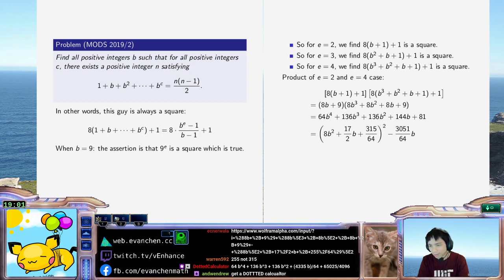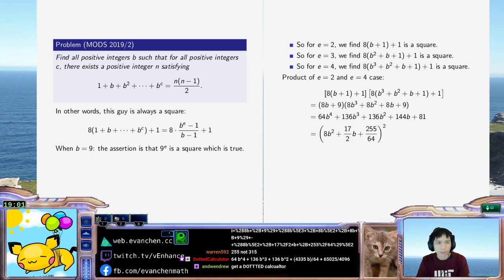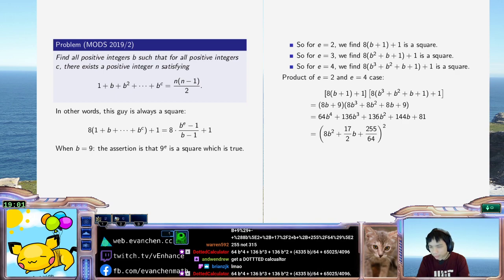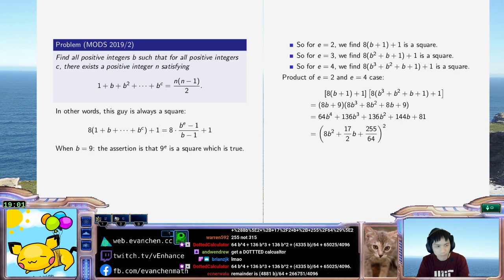Oh no. I'm getting old. Okay, if it's 255 over 64, then if I want the b to match up... Okay, thanks. 481b over 64 plus 266,751 over 4,096.